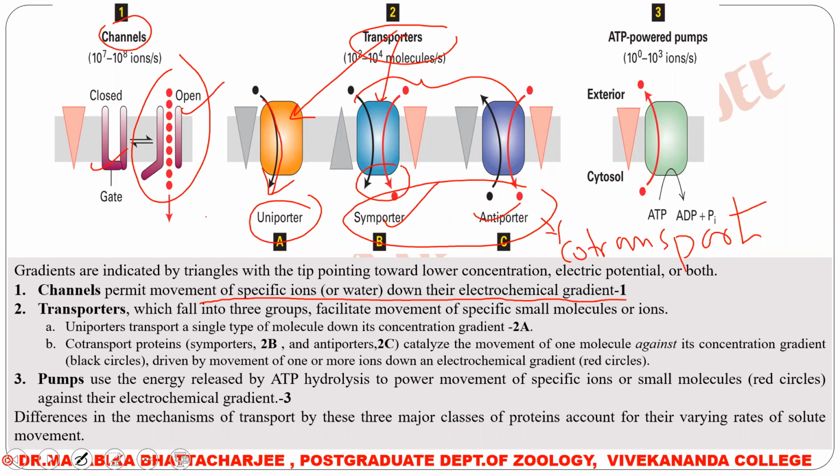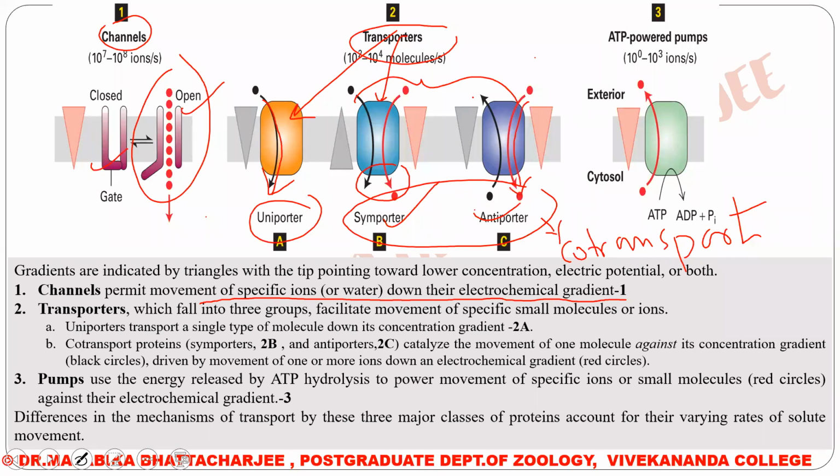When we talk about antiport, that means the direction of movement of one molecule is in exact opposite to the direction of movement of another molecule. So if you look into the picture, the red molecule is moving in a direction from outside to inside, whereas the black molecule is moving in a direction from inside to outside.